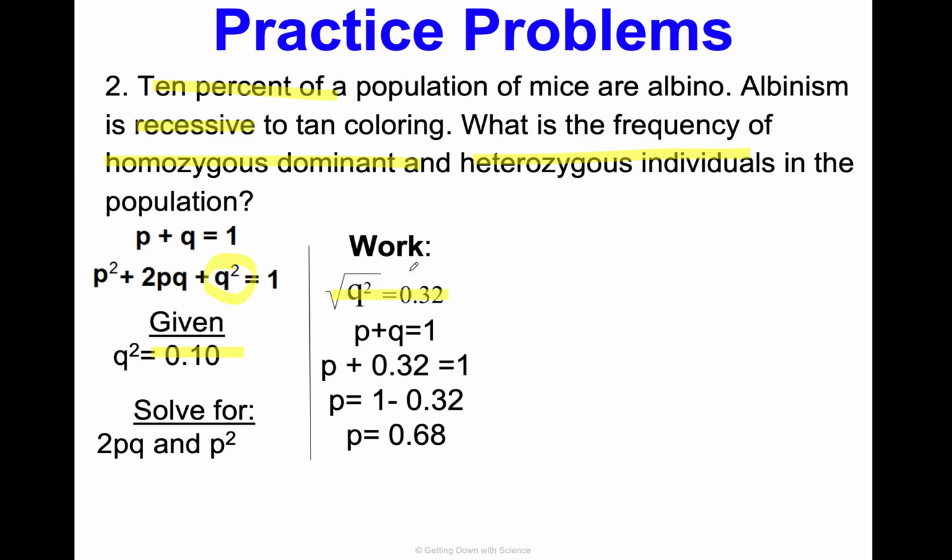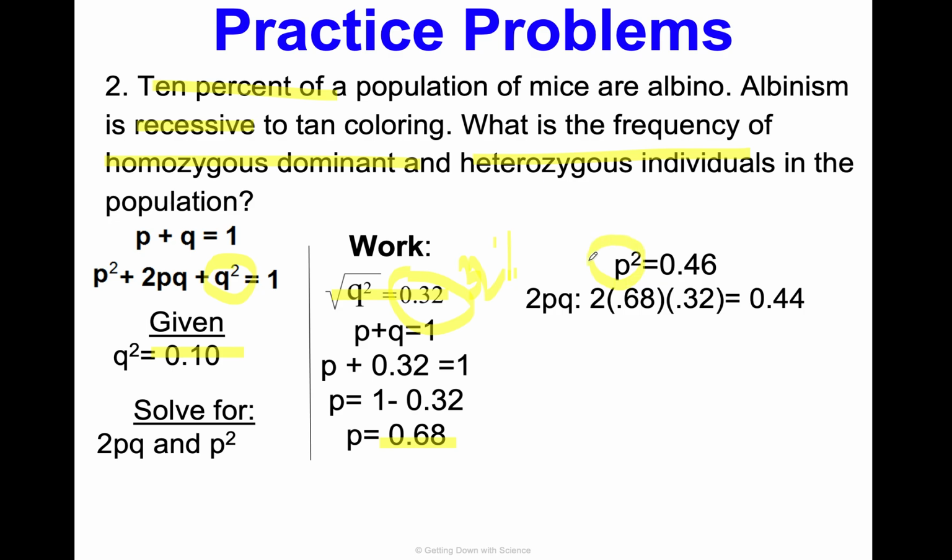So with Q being 0.32 or 32%, and P being 0.68 or 68%, now we could just plug and play, right? So we plug this in for square values. P squared is 0.46, and then 2PQ.